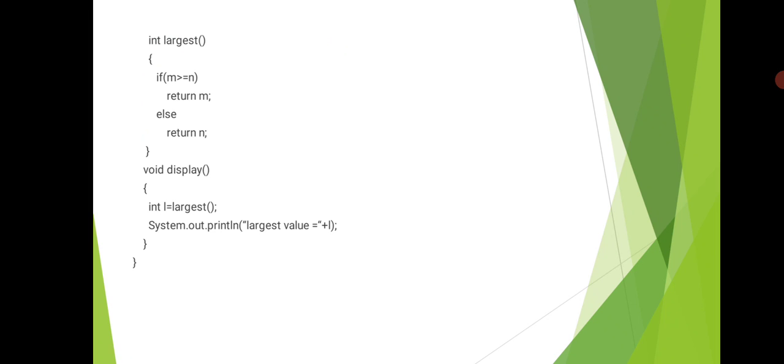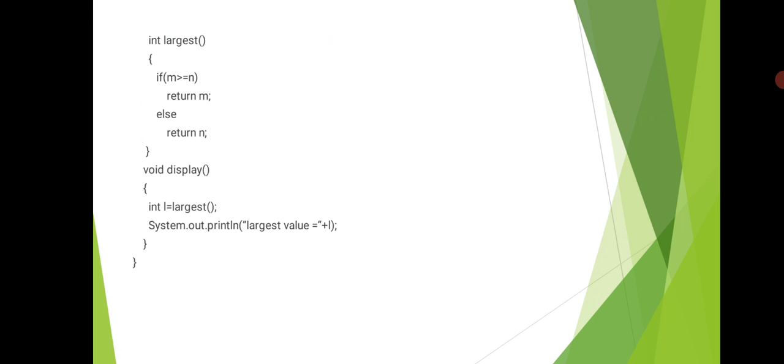So largest and display are both members of the Nesting class. One member method called inside another member method of the same class is called nesting. The definition tells us that a method called inside another method using its name, without using an object name and dot operator, is nesting of methods.